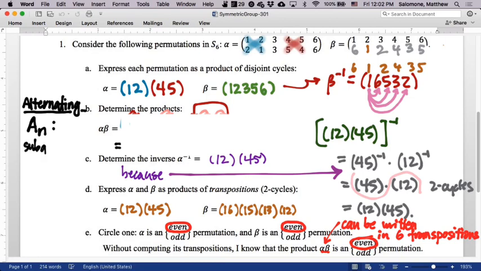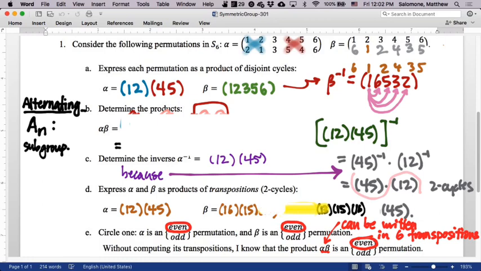So I'm just looking at beta, and I'm just wondering if... Brian's observation is that if we take this same list of transpositions that made up beta, and we just write it again in the opposite order, so 1, 2, then 1, 3, 1, 5, 1, 6, what's going to happen to this pair of 1, 2s here in the middle? Since it's its own inverse, those are just going to cancel. And then I'm going to be left with a pair of 1, 3s that are next to each other.